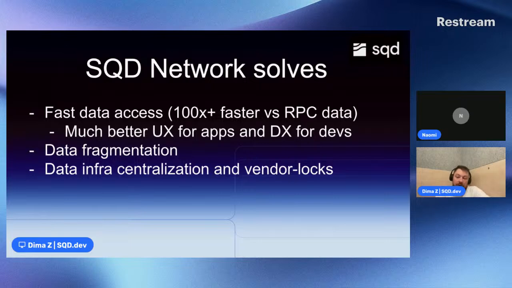And finally, with the SQD network, we solve data centralization and vendor lock-in. This is a very important problem because you basically don't care about decentralization until you have to.